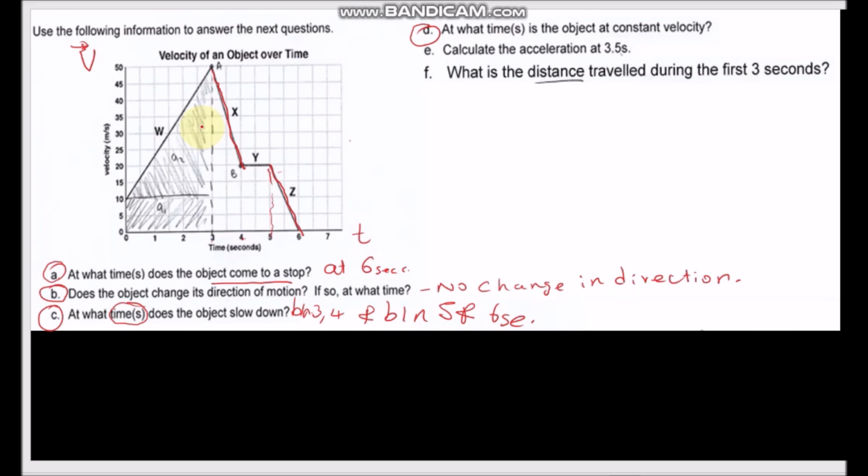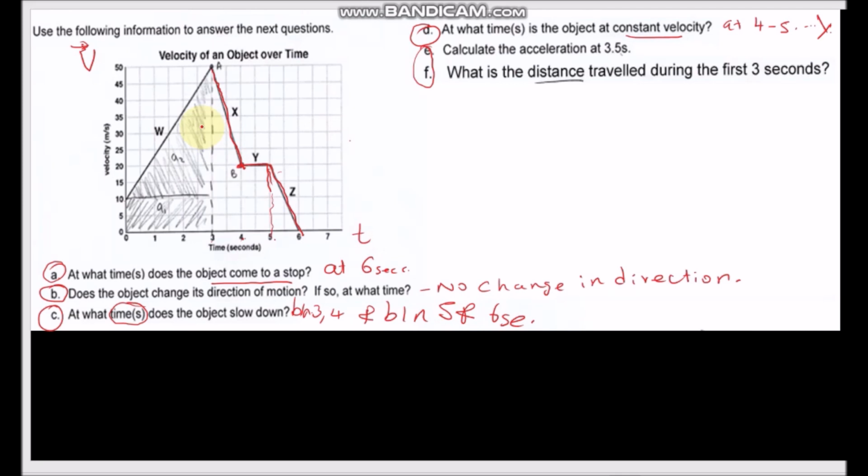Not W section, because in W section the velocity is increasing. But at point Y, point B, between 4 and 5 seconds, the object has constant velocity, or we can say section Y. E and F you are supposed to do at home.